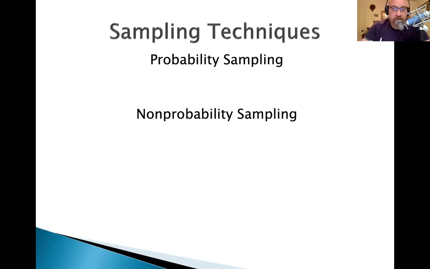There's the probability sampling category, and then there's the non-probability sampling category. I'm going to break down some different ways to collect data.